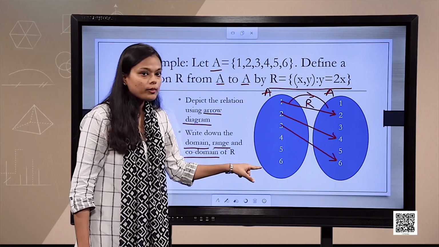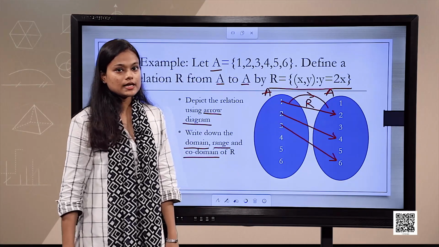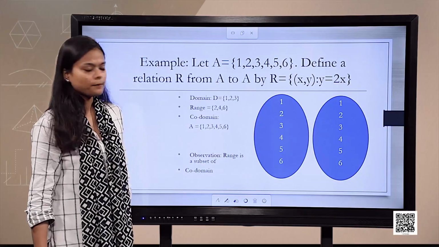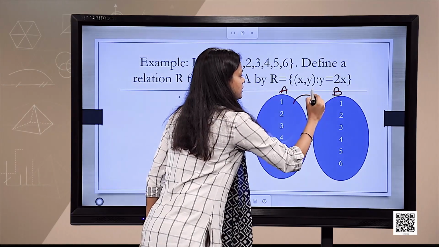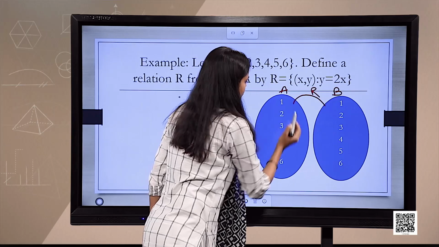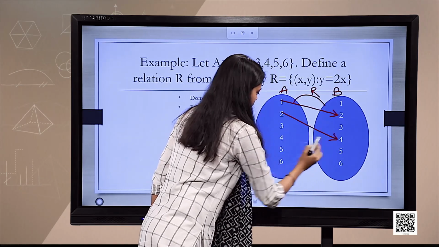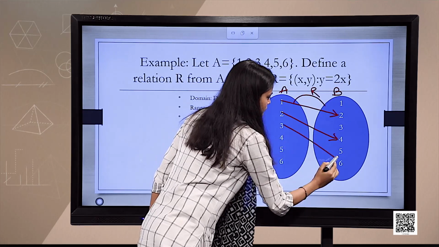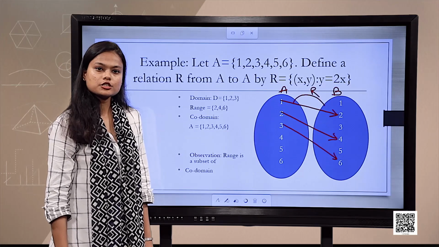What will be the domain in this relation R? Let us write it down. The domain. Quickly representing it in the form of an arrow diagram. So, this is a representation of a relation.